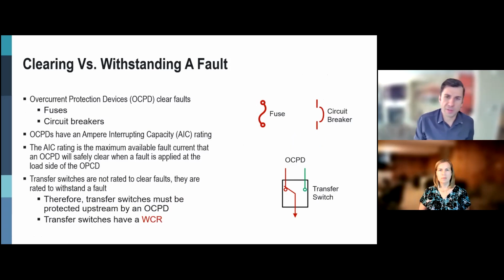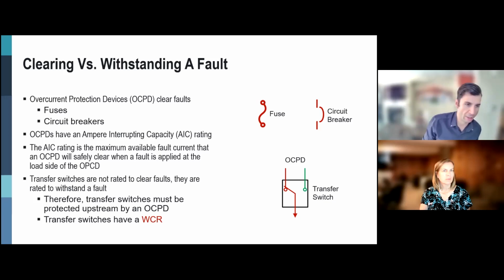Clearing a fault versus withstanding a fault. Overcurrent protection devices, OCPDs, are designed to clear a fault, and clearing a fault means opening up the circuit breaker. If there is a fault, a fuse or a circuit breaker is intended to break that circuit, overcome all the electromagnetic forces, and open up the circuit, right?